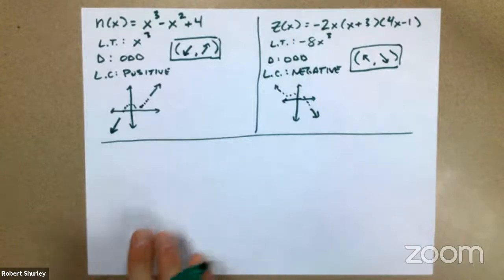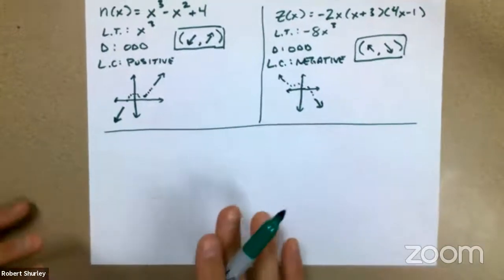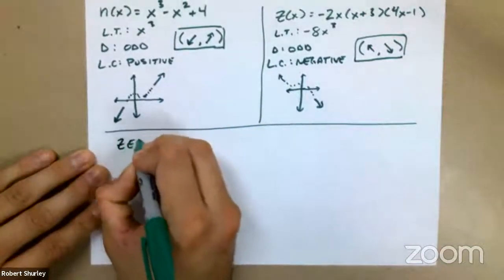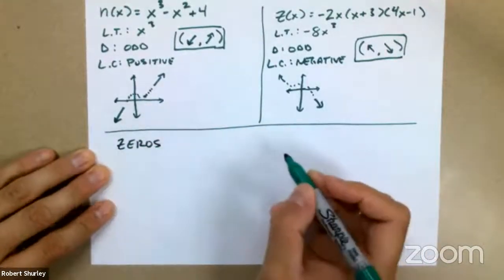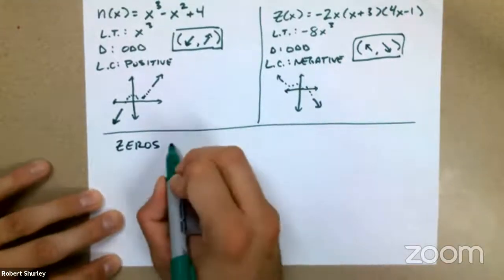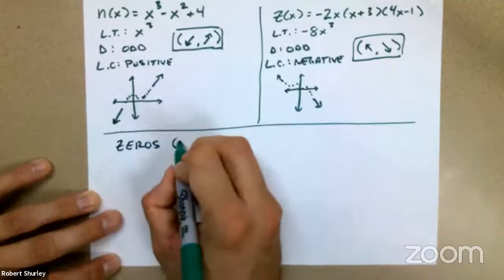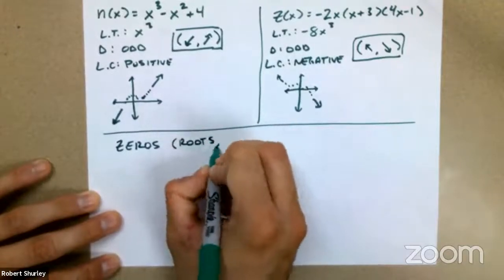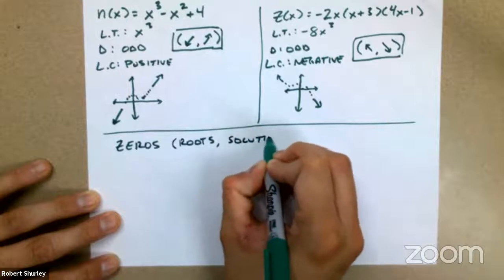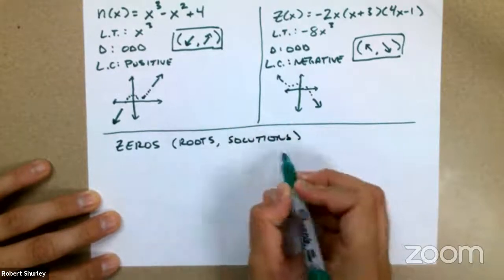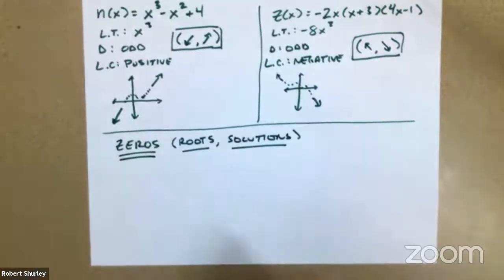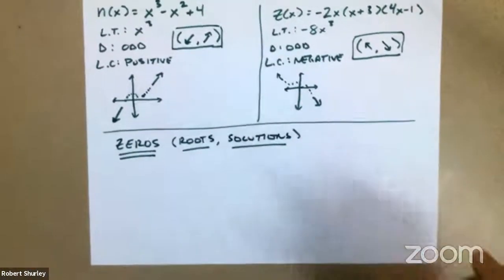Okay, so let's talk a minute about zeros of the graph. Zeros of a polynomial are found the same way as roots or solutions. Your book loves using different terminology, so if you see roots or solutions, realize they're found the same way as zeros.